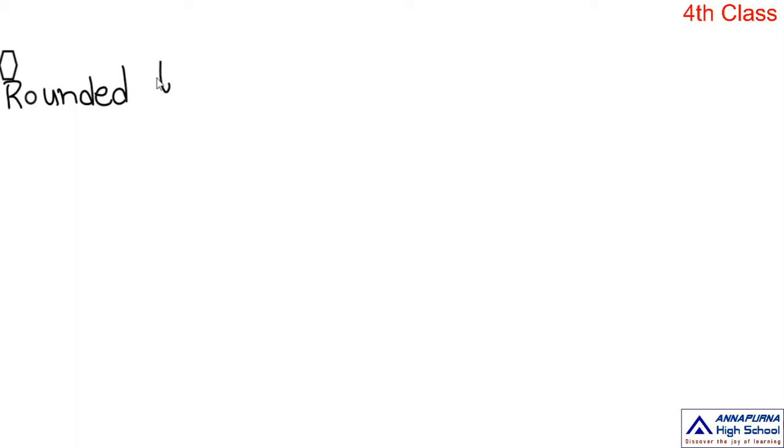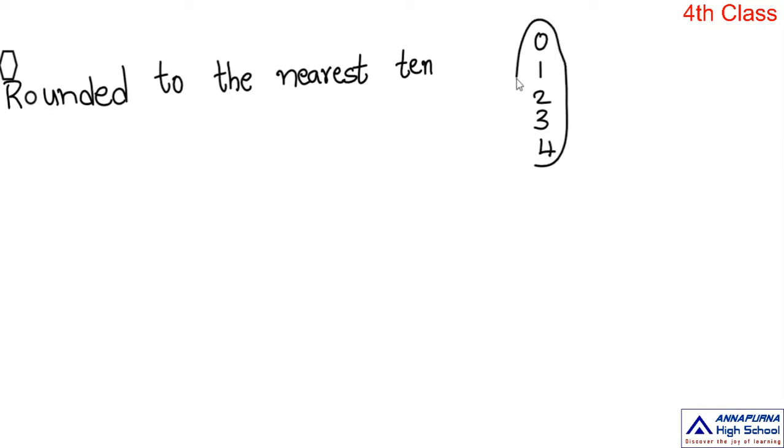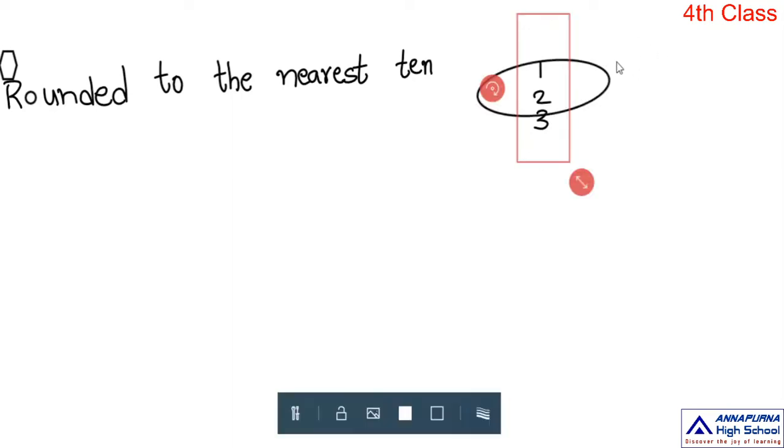Okay children, this is our topic. I told you to recall one important point. What is that? 0, 1, 2, 3, 4, these 5 numbers are in the small group.